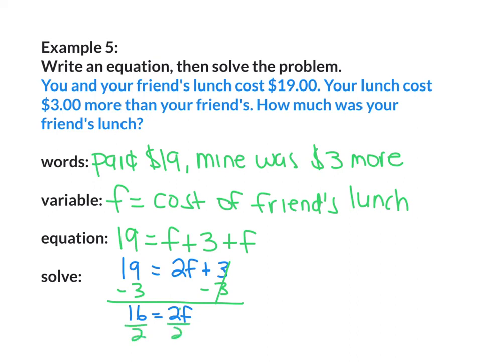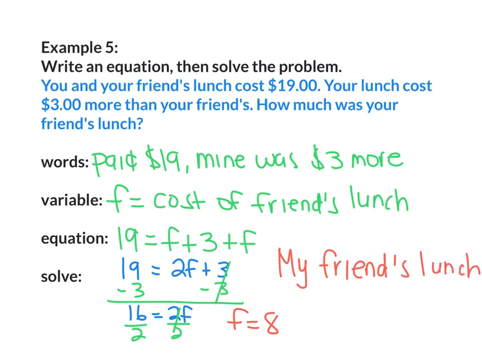The right side cancels out, and then F is going to equal 16 divided by 2, which is 8. So my friend's lunch costs $8. And that is my answer.